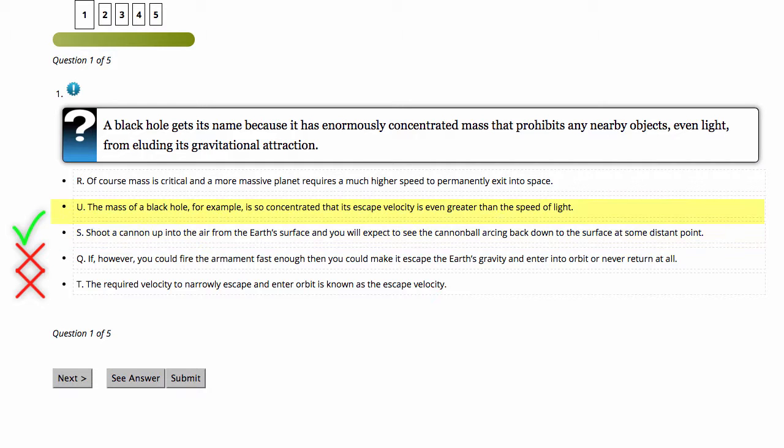U: the mass of a black hole, for example, is so concentrated that its escape velocity is even greater than the speed of light. Well, that is actually essentially a repetition of the first sentence. A black hole gets its name because it has enormously concentrated mass, exactly what U says, that prohibits even light from escaping. And U refers to something new that's slightly different than the first topic sentence, escape velocity.